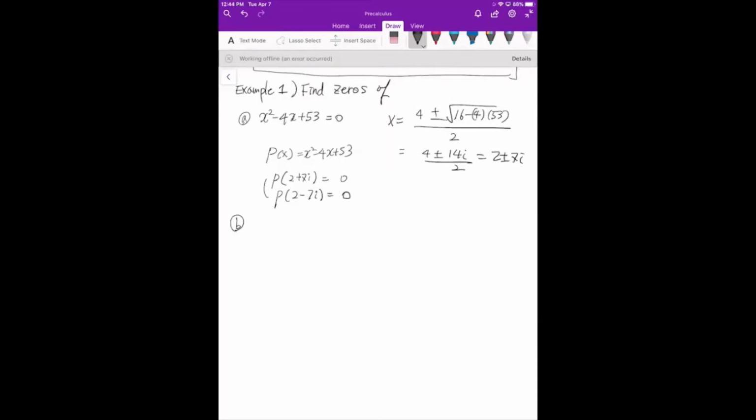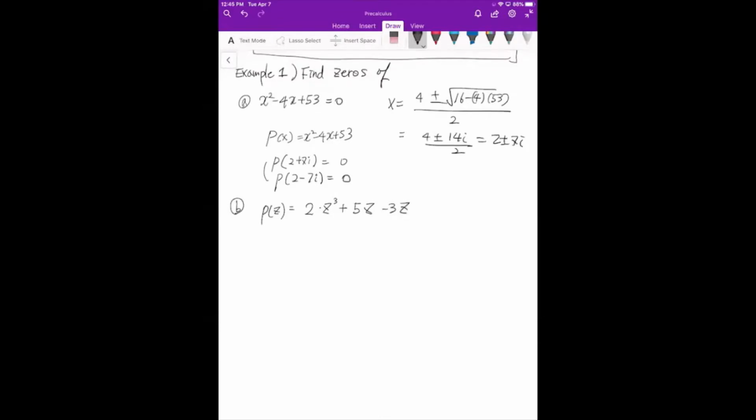Let's talk about a cubic polynomial P(x). We have 2z cubed plus 5z squared minus 3z. So not x anymore, let's talk about z as your variable. Okay, so it's a cubic polynomial, and it's a trinomial, right? 3 terms.